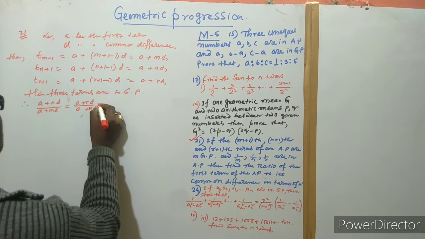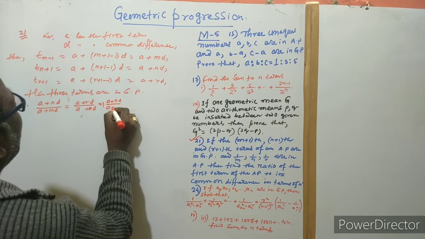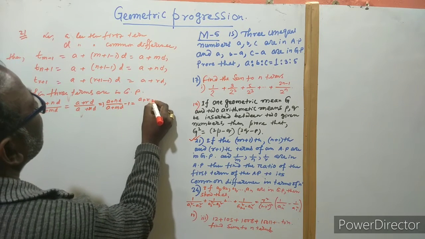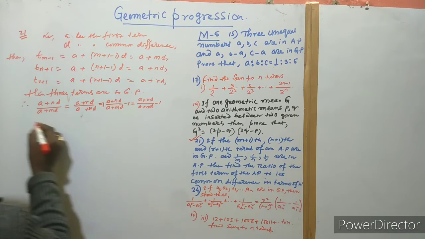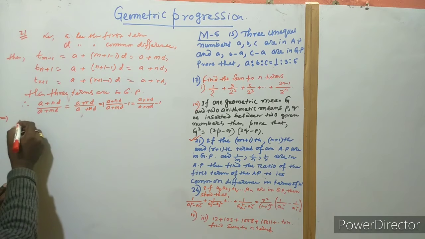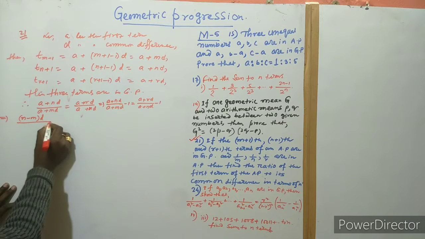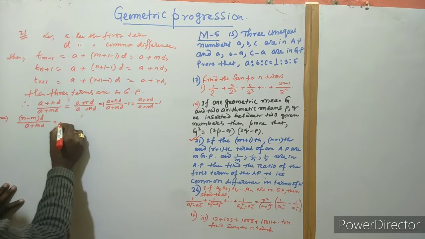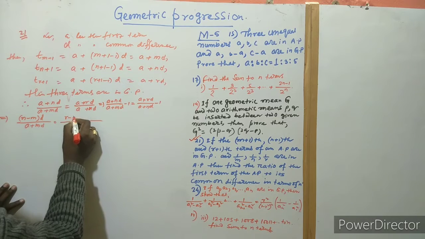Doing some technique here, see how we can solve easily. Subtracting 1 on both sides, and taking the LCM, we get (n minus m) with multiplier D on one side, and (r minus n) into D on the other. We could cancel D on both sides, but for students' query, I write this.